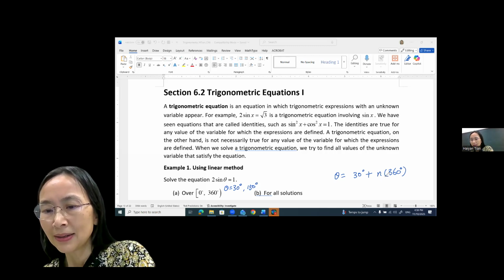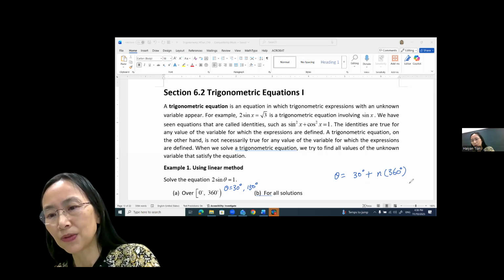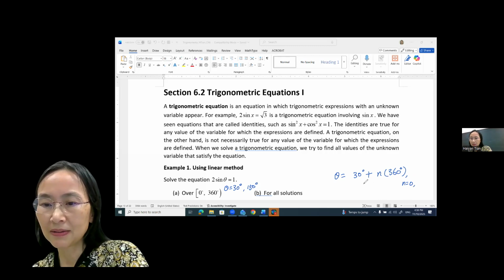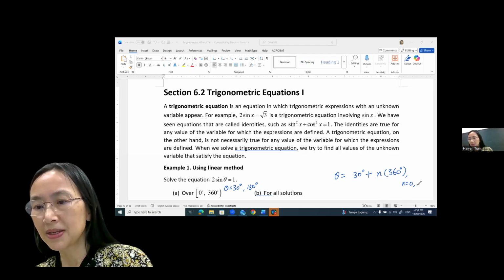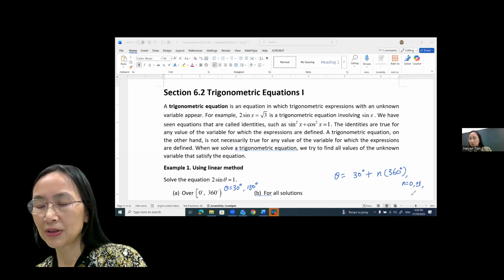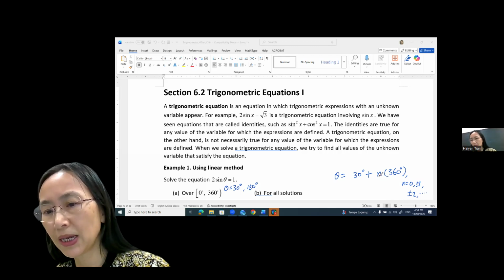You add any multiple of complete rotations to the 30 degree angle, and you get another angle. n can be 0, in which case theta is just 30 degrees. n can be positive 1 or negative 1, and the complete rotations can be positive 2 or negative 2. So n can be either positive or negative.